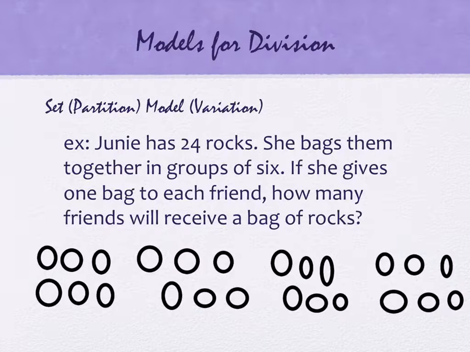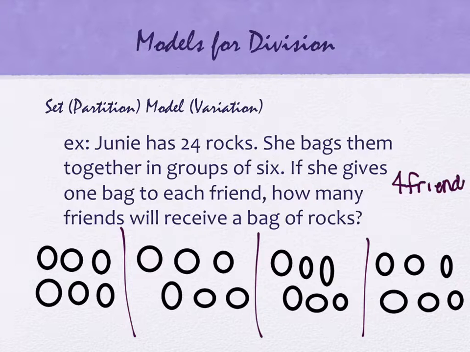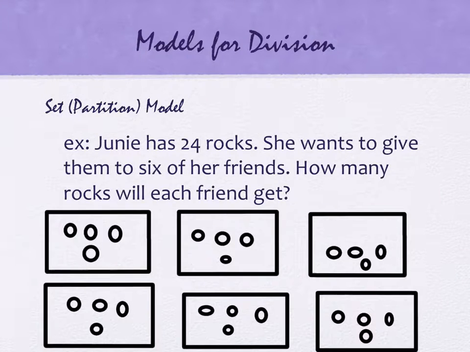All right. So we have 1, 2, 3, 4 groups of 6 rocks in this example. So the answer to this question was actually 4 friends, whereas the answer over here was that they each got 4 rocks. It's the unknown quantity that's different.